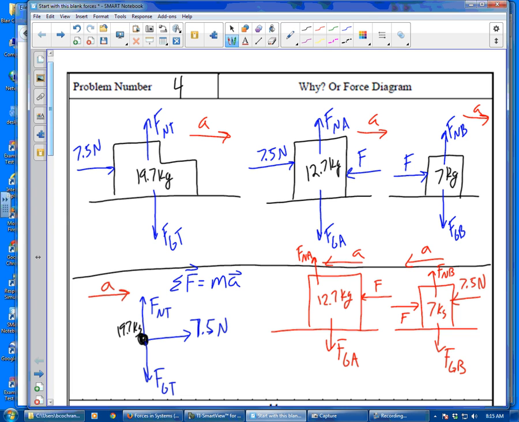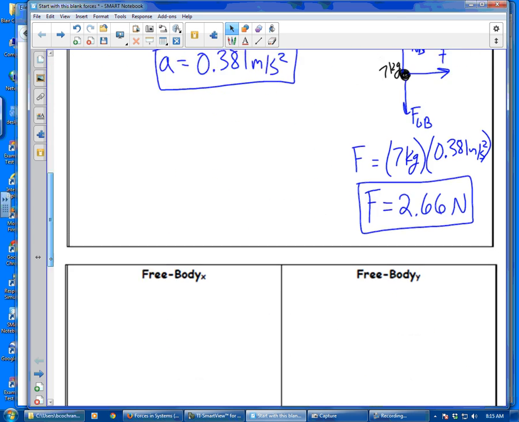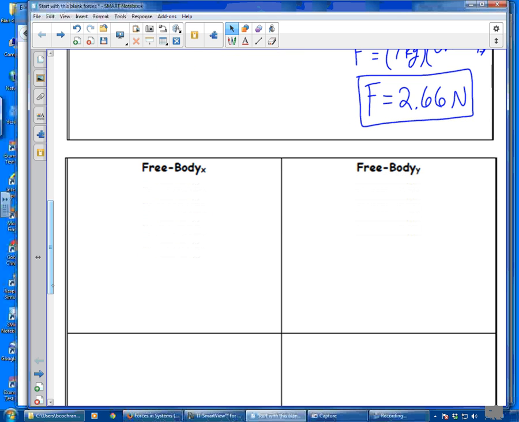So if I get an answer for this last part that's not bigger than my answer for part B, I'm going to double check before I even enter an answer. I'm using this red diagram of the 12.7 kilogram block, and I'm expecting an answer bigger than 2.66. So let's see what we get.